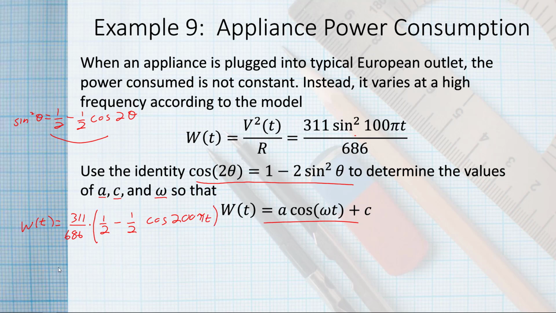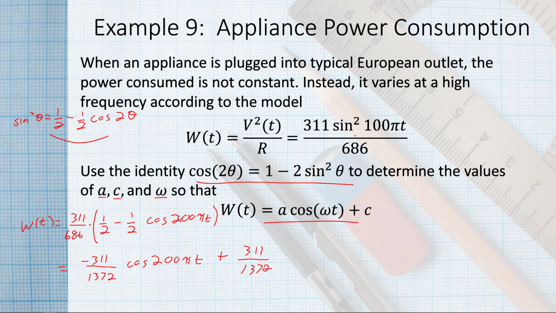Okay, doing a little rearranging, we can write this as negative 311 over 686 times 2, which is 1372, times cosine of 200 pi t plus 311 divided by 1372. Okay, and that pretty much answers the question.